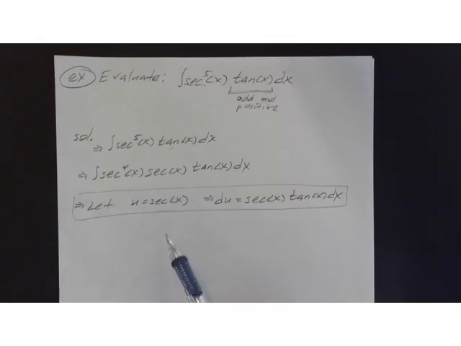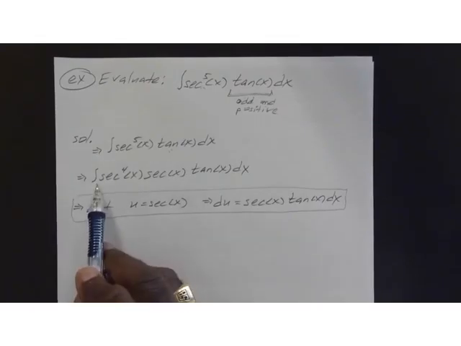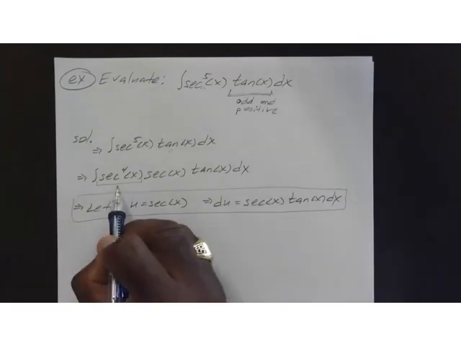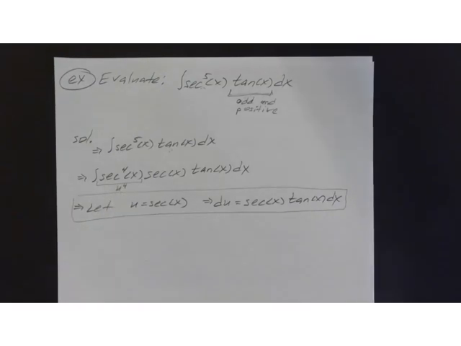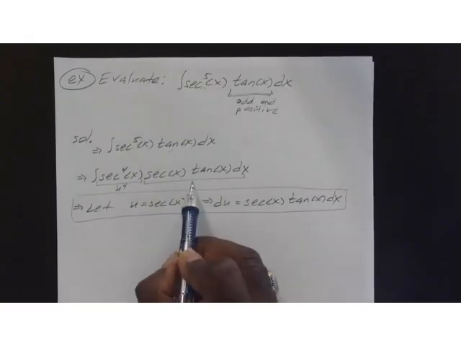I should have made that a little bit more so I had room to write under here. Okay, so this secant to the fourth power becomes u to the fourth power. This secant times tangent with respect to x becomes our du.